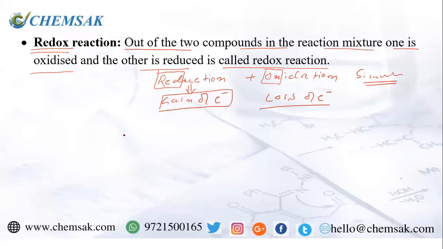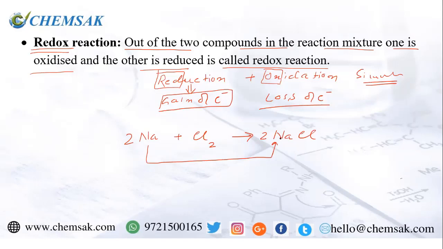Now we take an example. Sodium metal reacts with chlorine gas, then we get NaCl. Okay, this is a balancing. When we get NaCl, this sodium converts into Na positive ion and chlorine into Cl negative ion.